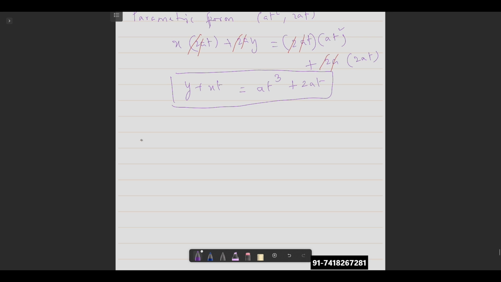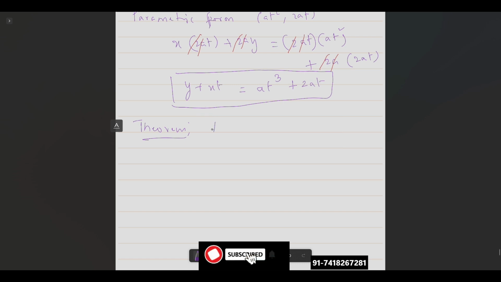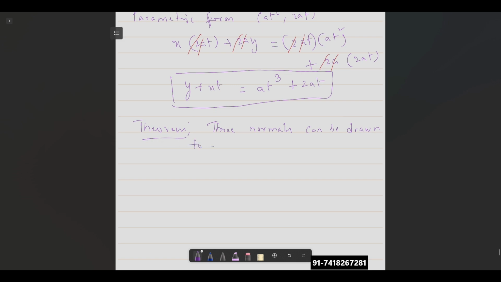Now we have a theorem. The theorem says that three normals can be drawn to a parabola y square is equal to 4ax from a given point, one of which is always real.